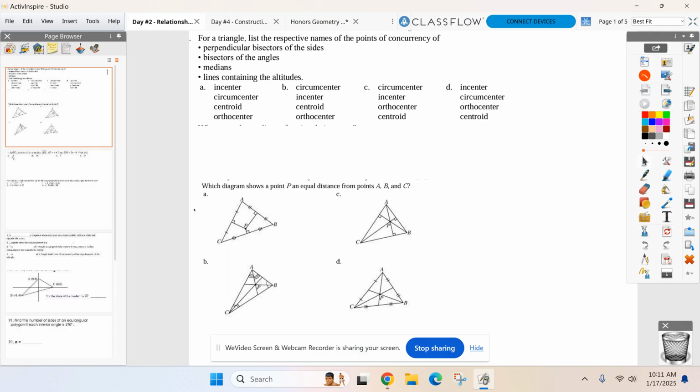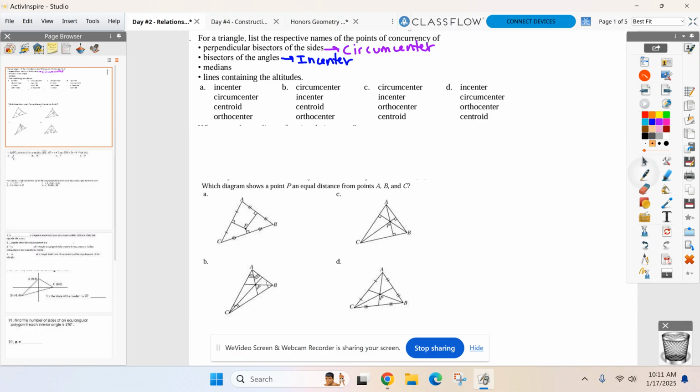All right, so let's start. Perpendicular bisectors. The intersection of the perpendicular bisectors is called the circumcenter right there. Yes, that is the circumcenter. How about the angle bisectors? That is called the incenter.